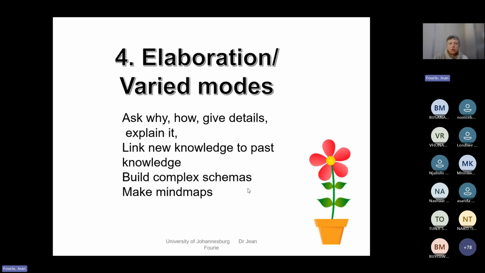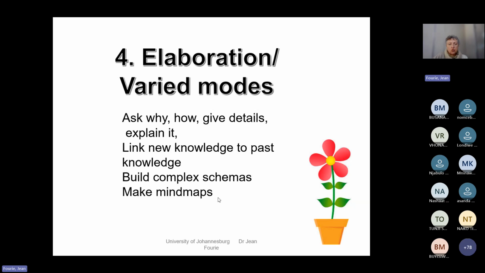And the aim of all this elaboration and using different modes of input, our eyes and our ears and our taste, using all of that, is to build complex schemas. We want to have a very good understanding of whichever concept we are studying, so that we can retrieve aspects of it and think about it in more complex ways.